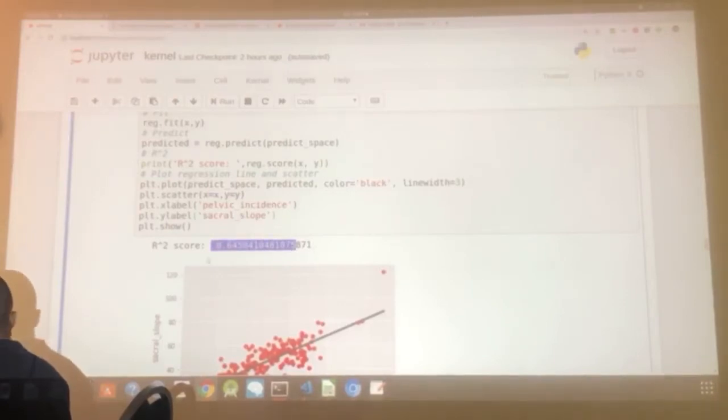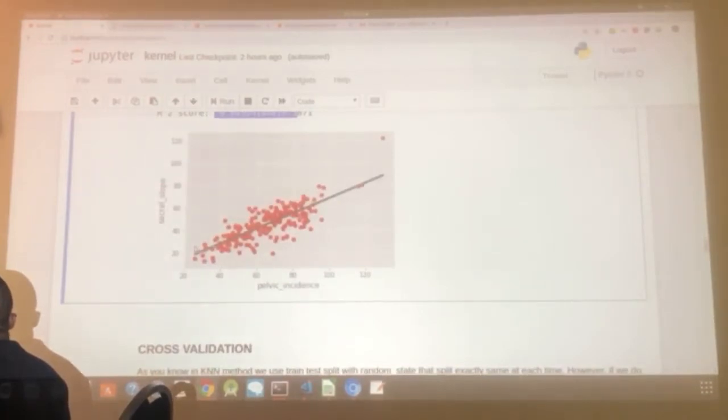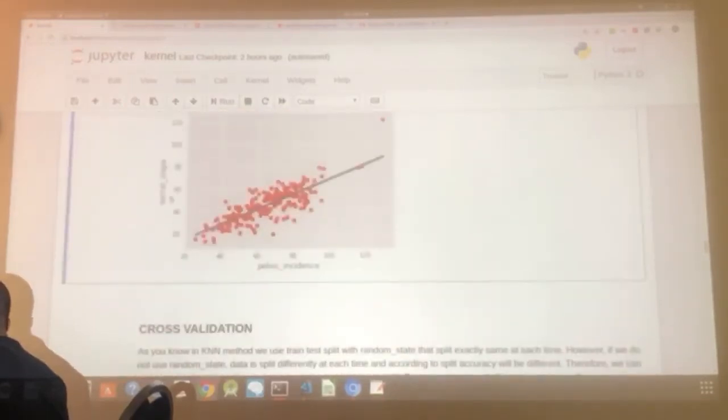Anyone who's willing to explain what the R square score means? Okay. So, like she said, it shows how strong the linear relationship is: the closer it is to 1, the better. And the further it is from 1, we know that we don't have a linear relationship.